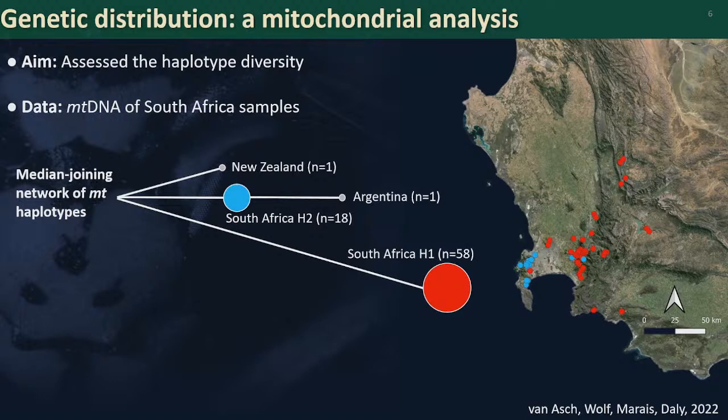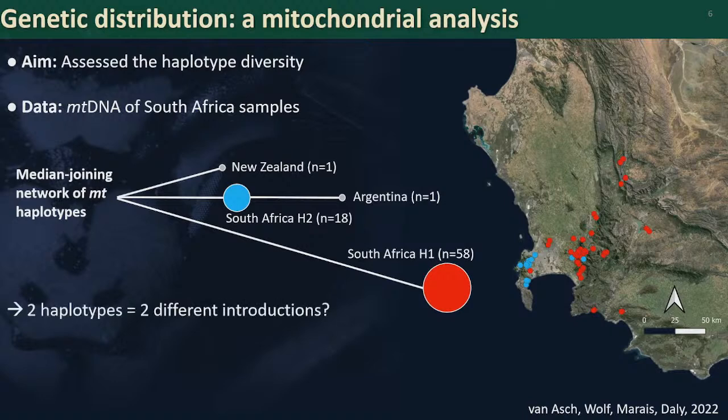Here the size of the circle corresponds to the number of samples carrying the haplotype, and the length of the branch corresponds to the difference between the different haplotypes. So there are two haplotypes in South Africa. The red haplotype is widely spread across the Western Cape region, but in low density close to the Table Mountain and Kirstenbosch region. And then there is the blue haplotype, which is restricted here, but very dominant in that place.